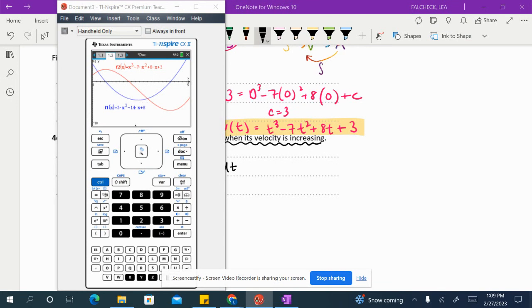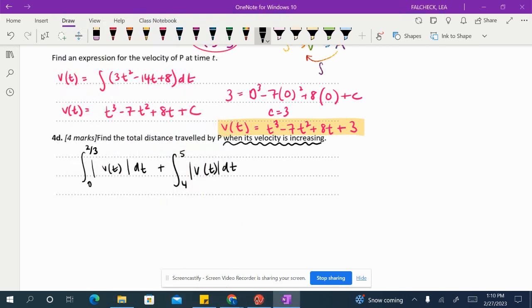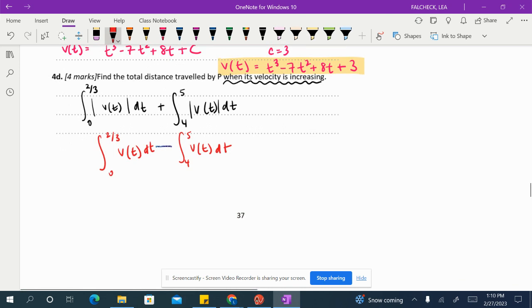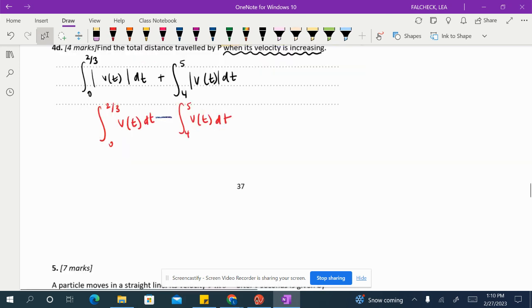So the velocity is increasing from 0 to 2/3, and then it's increasing again from 4 to 5. 0 to 2/3 is above the x-axis, so we're all good there. 4 to 5 is below the x-axis, so to account for that, we are going to subtract the negative area. Notice how I've dropped the absolute value bars now that I'm thinking about it this way, where I'm going to be subtracting the negative area. So it just makes it way easier to calculate by hand.